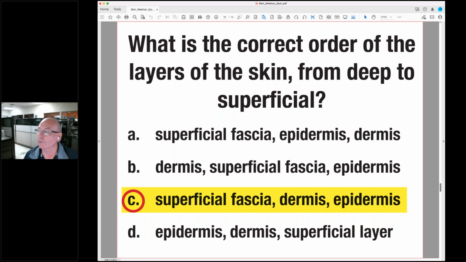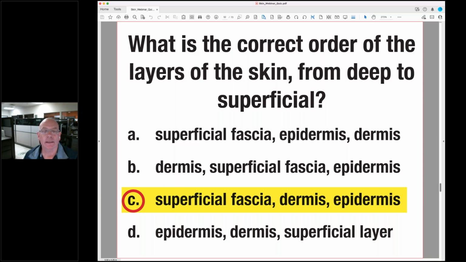Hopefully we have that. Yeah, and we're going to be talking about superficial fascia much more with connective tissue day anyway.